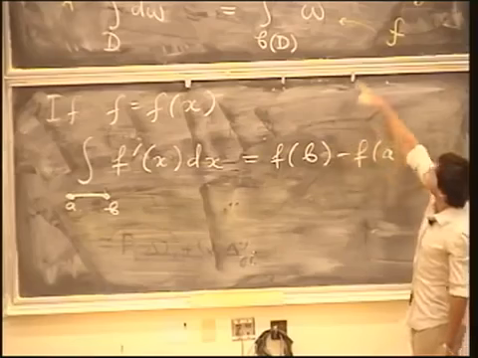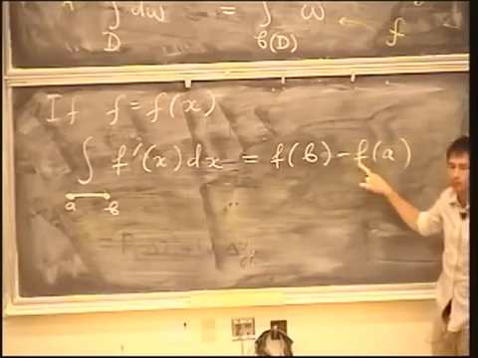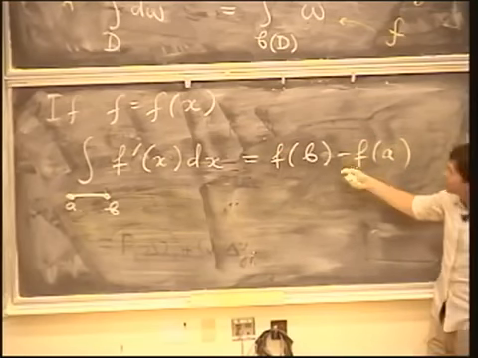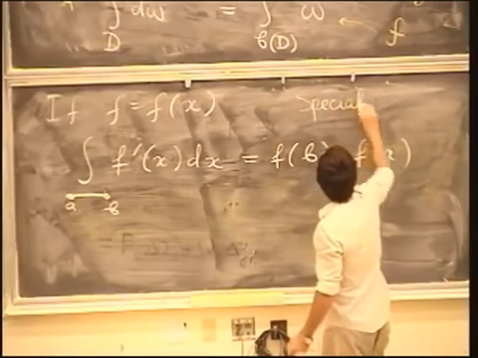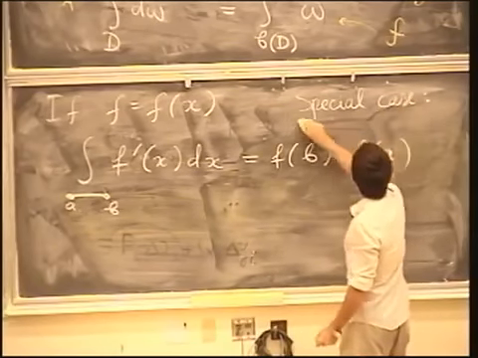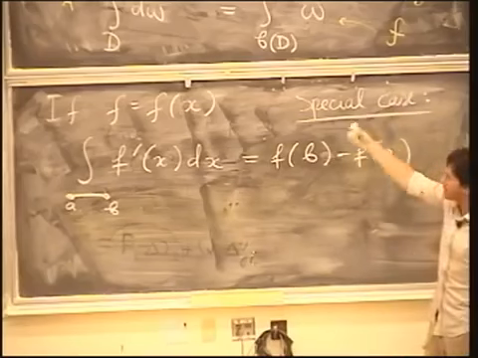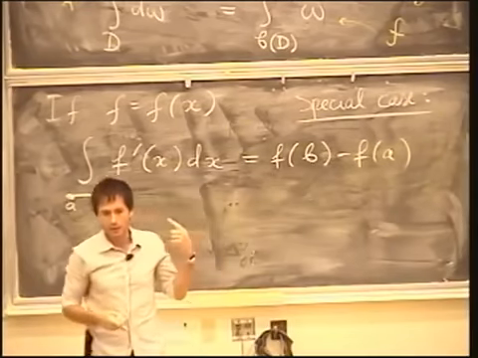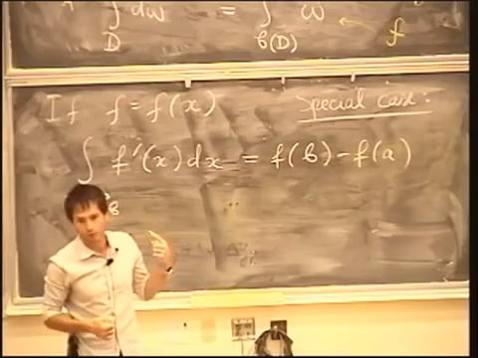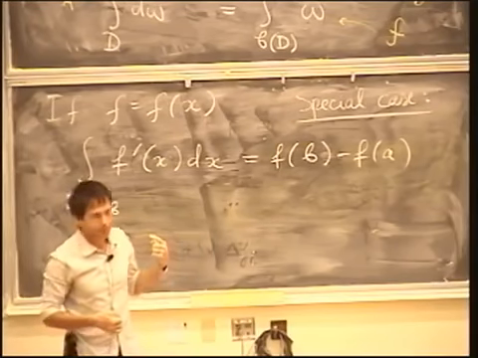And on the right-hand side, it's exactly the same. It's just evaluating at the endpoints and taking the difference. So in fact, this is a special case of this more general formula. We have now generalized the fundamental theorem of one-dimensional calculus to the case of line integrals over arbitrary curves. Okay?